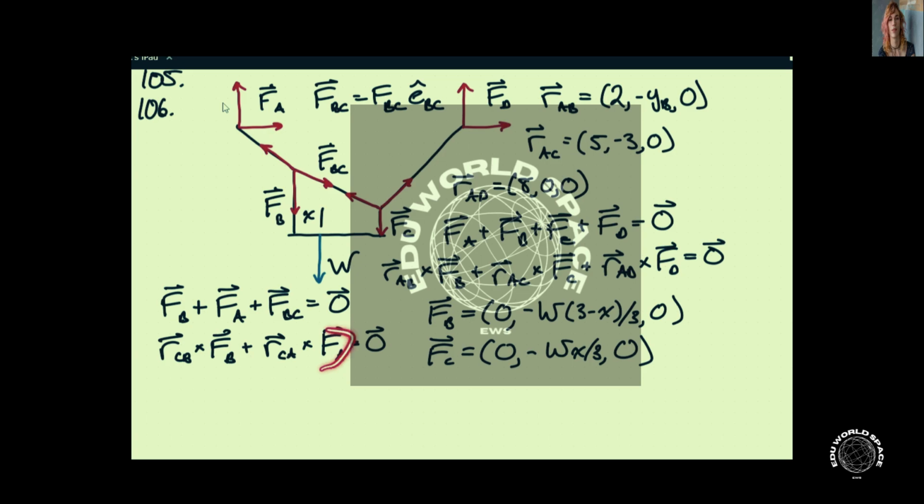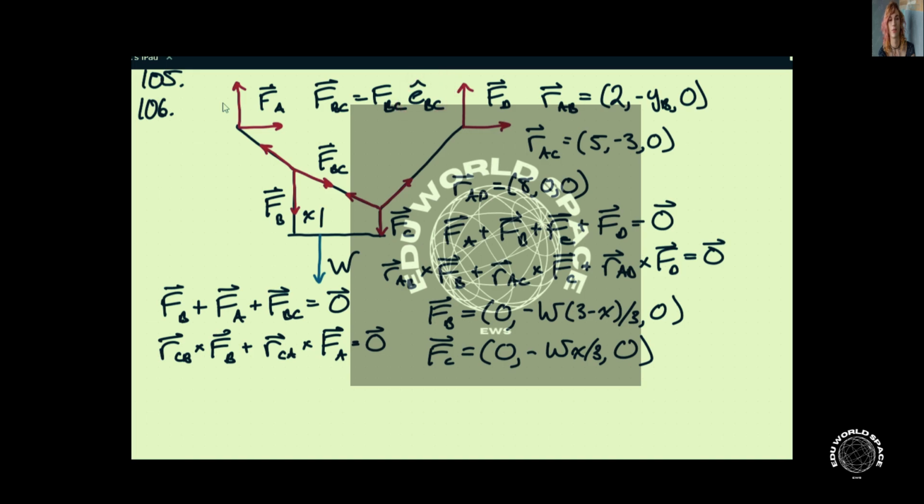And then FA creates a moment about point C, and our CA is just the negative of our AC. We also know this unit vector, because we know these 2 things, and we can get this in terms of YB. So that just becomes a function of YB.